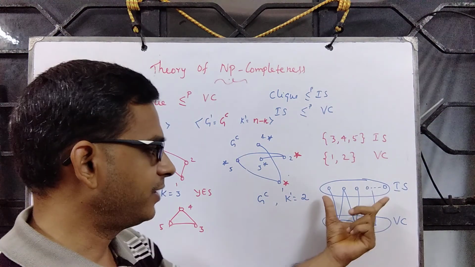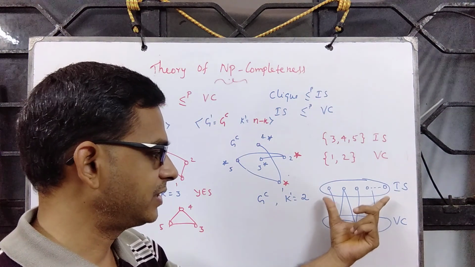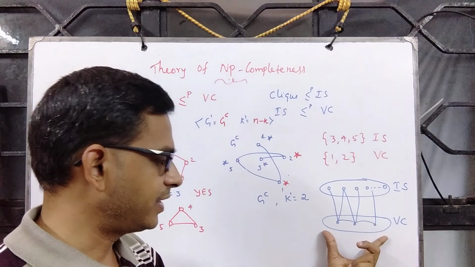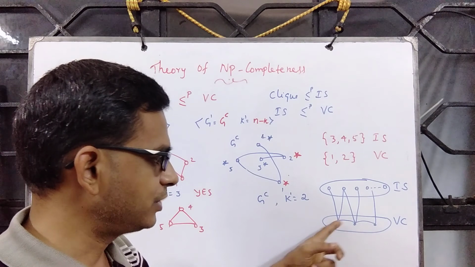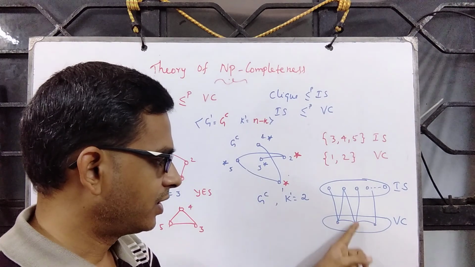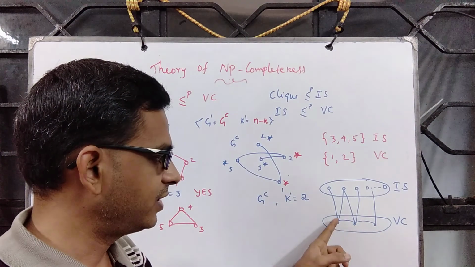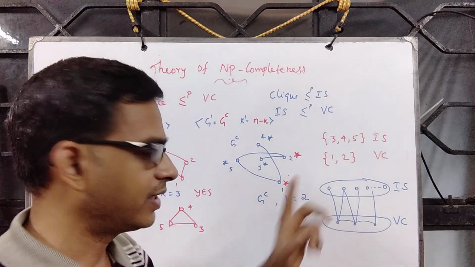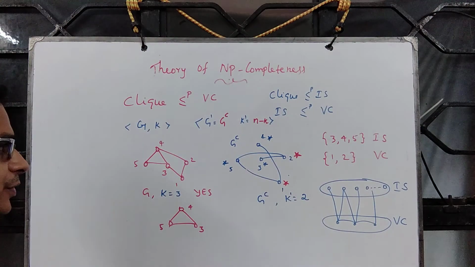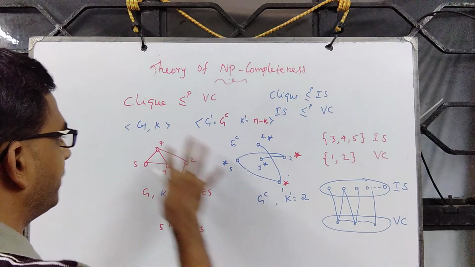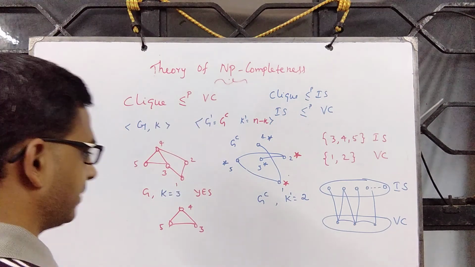You can see that if this is the set of independent vertices, then we claim that the rest of them are a vertex cover. The reason is that for each edge at least one endpoint is here and it's fully contained in this, or one endpoint is here and another endpoint is here. So this clearly gives you a framework to relate clique and vertex cover.